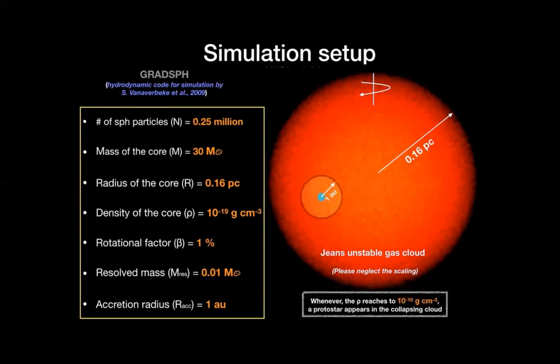And whenever the density reaches 10 to the minus 10 grams per centimeter cubed, which is a 9 orders of magnitude change with respect to the density with which we began, we form a star inside the collapsing sphere of gas. So these stars were formed only when the density of the gas reaches 10 to the minus 10 grams per centimeter cubed.